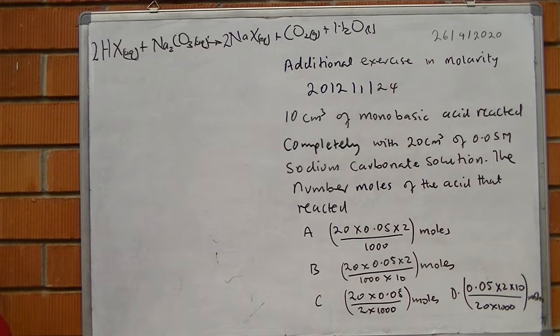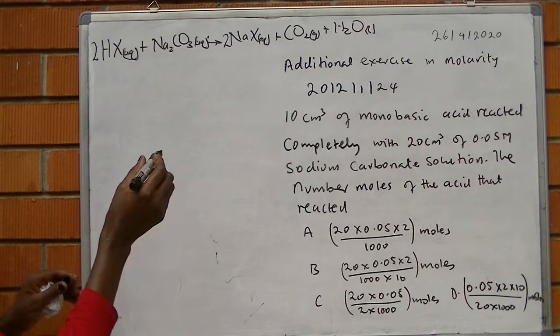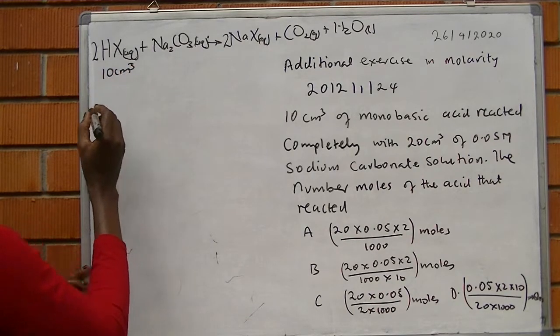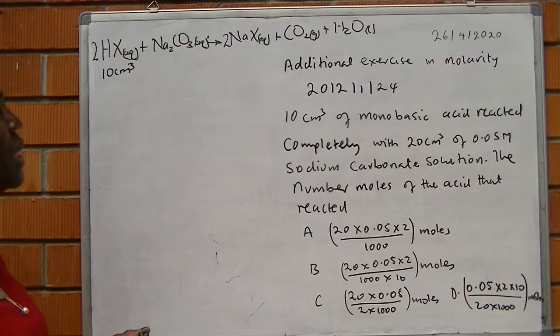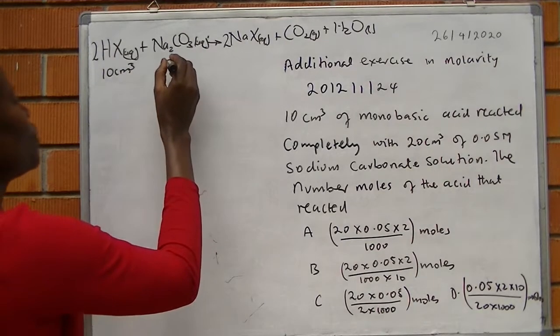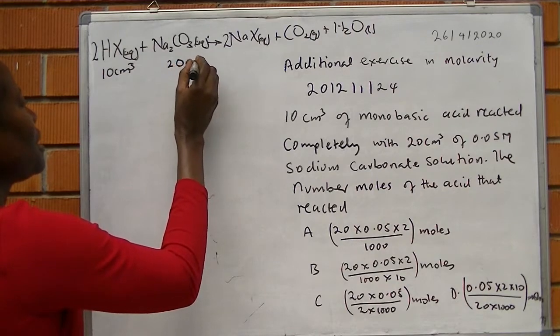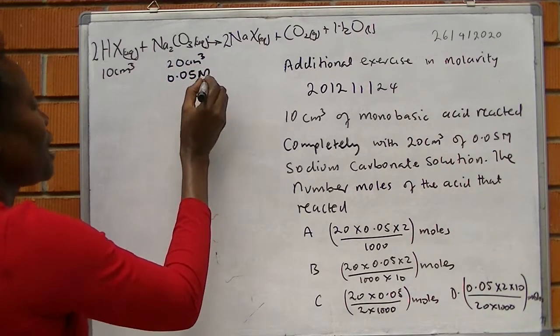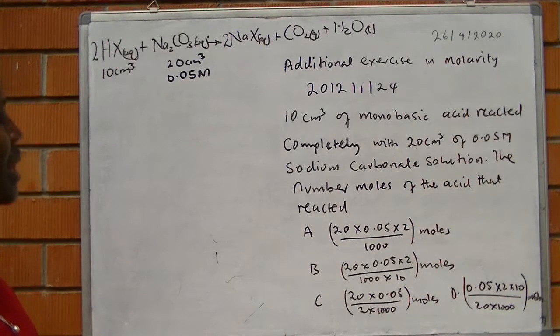Back to the question. 10 cubic centimeters of a monobasic acid. I put 10 cubic centimeters. React completely with the 20 cubic centimeters of 0.05 molar sodium carbonate. The number of moles of the acid that reacted are.